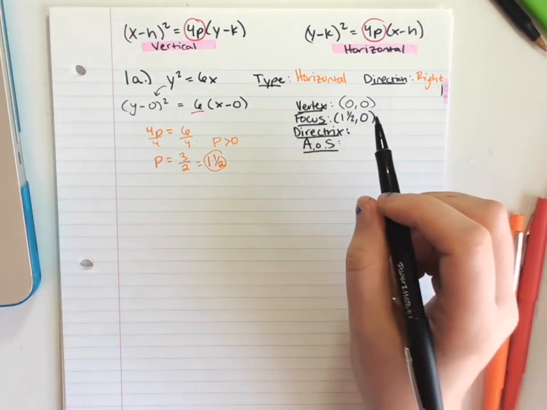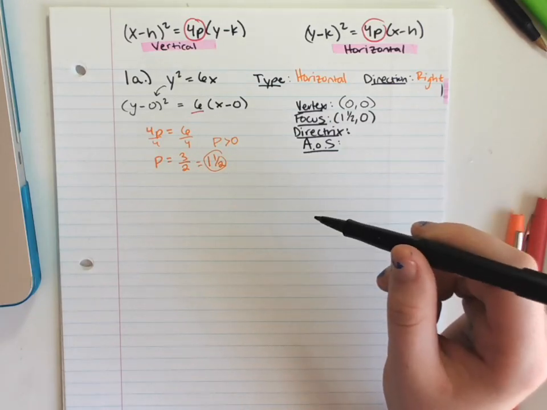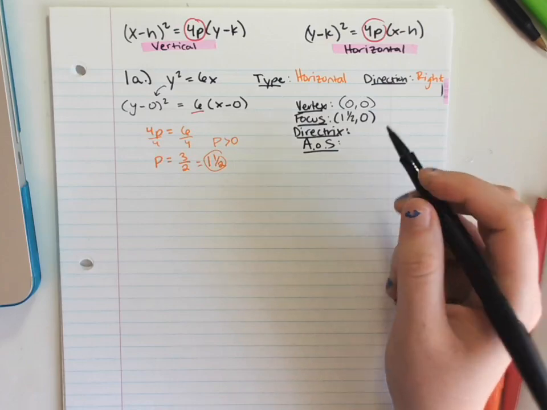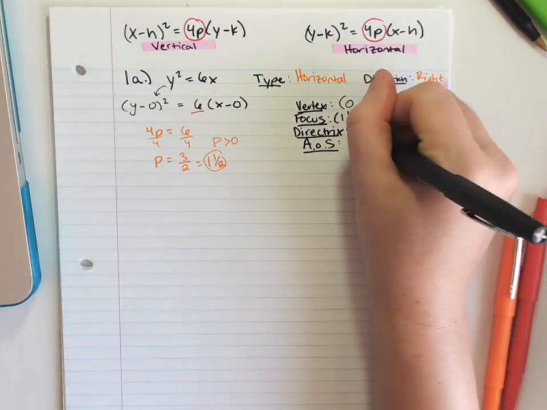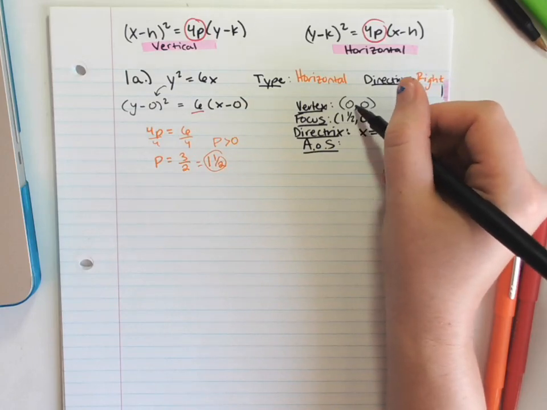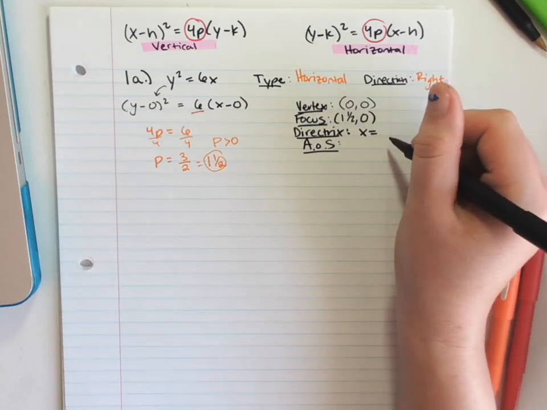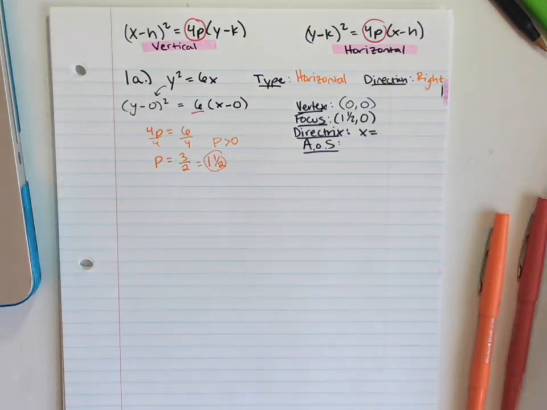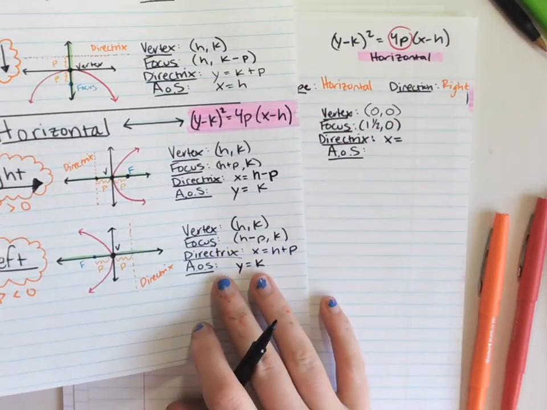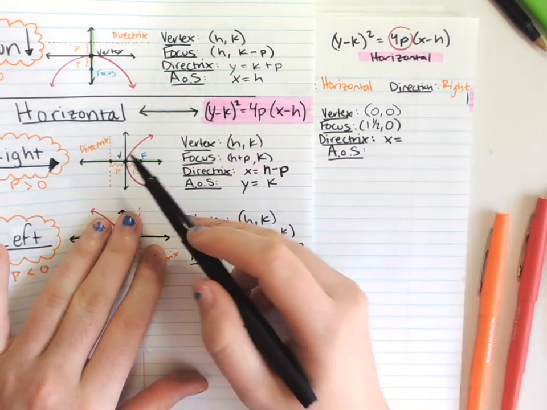Let's do the directrix. Since it is going to be facing the right, or horizontally, we're going to have a directrix that's vertical. So it's going to be x equals p units away from the vertex. So it's going to be going to the left. So if we want to pull up a picture again. Our vertex is at 0, 0.